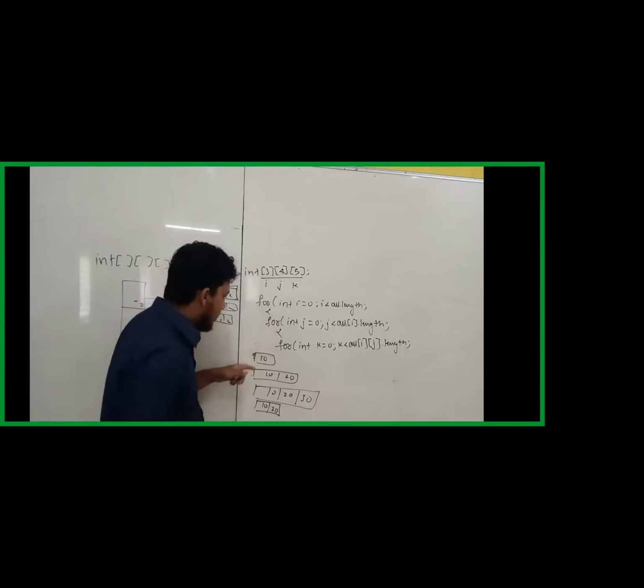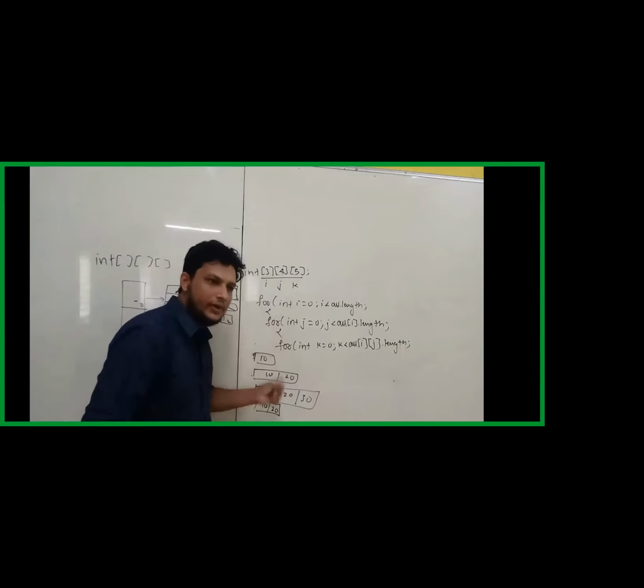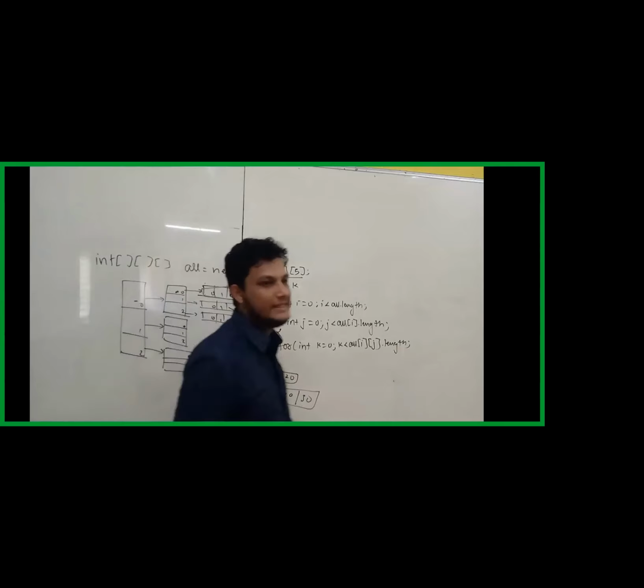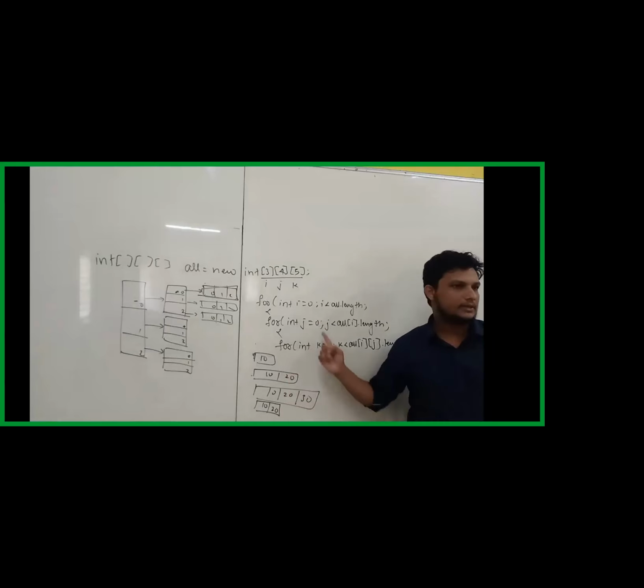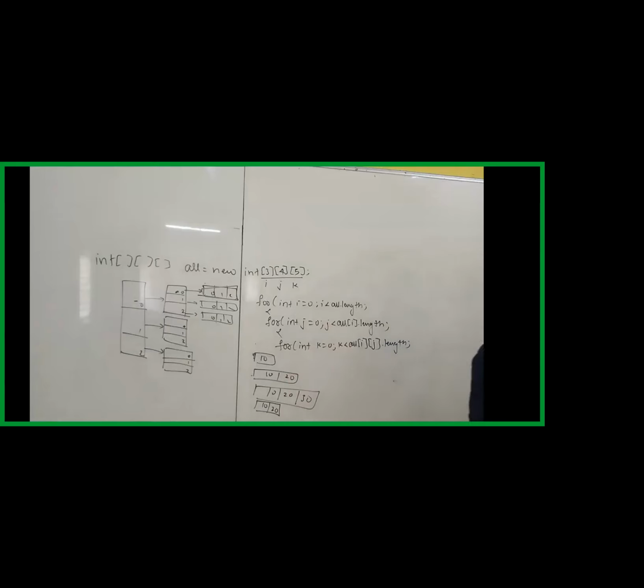Tell me, is it different in every place? This is what we call a jagged array, where the number of rows and columns are not specific in each and every one. Any row can match, but it should be different. And how to deal with this? The same technique. That is, the number of i and j you can mention.